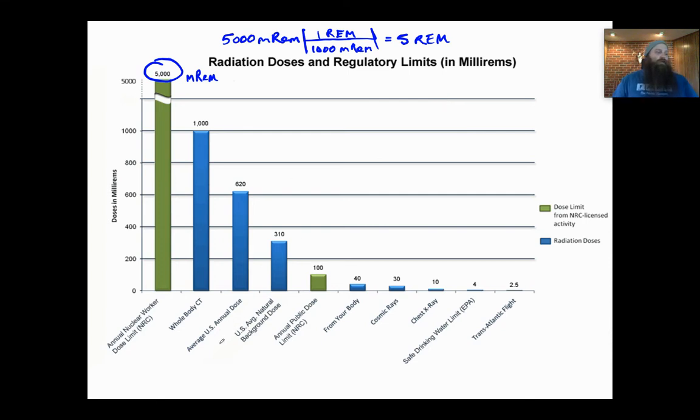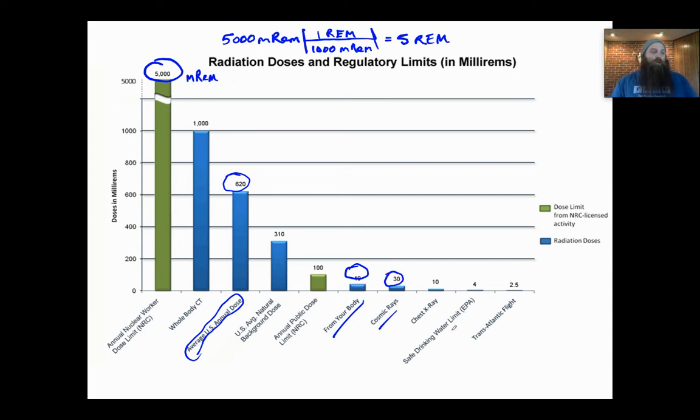Now, some interesting things. Here's the average U.S. annual dose for regular people. That's just like going outside, that kind of thing. Your body gives you about 40 millirems a year. Cosmic rays from the stars and the sun give you another 30.